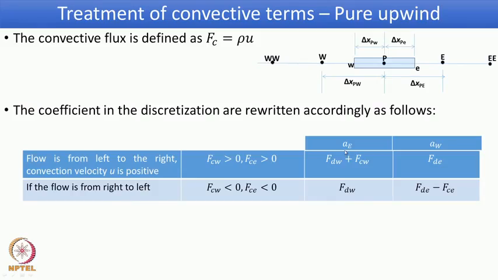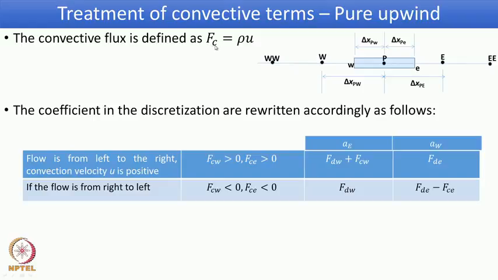So, for example, it is affecting the coefficients in the neighboring nodes. So, A e and A w are the two neighboring nodes for the node of interest P. If the flow is from left to right, that is, the convection velocity is positive for the definition of coordinate that you have chosen, then u is positive.